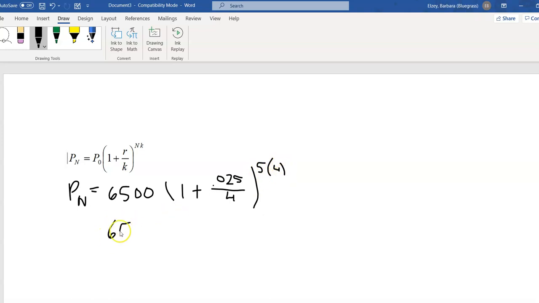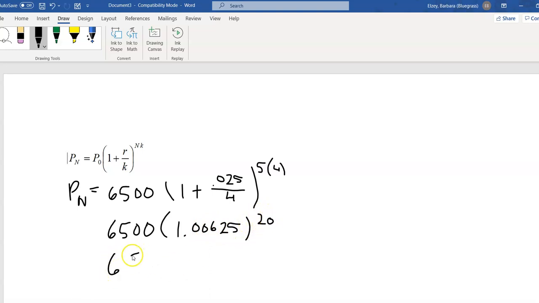So let's first enter 1 plus 0.025 over 4 into the calculator. And that gives me 1.00625. I think that's the same amount we had in the last problem. We have it to the 20th power.